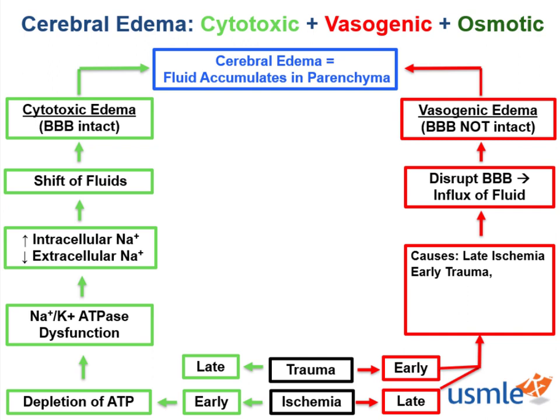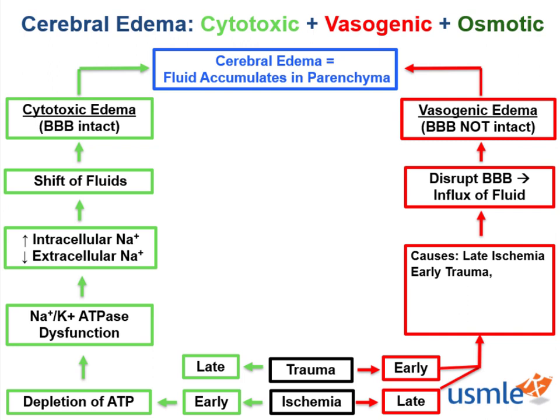Why? Two reasons. First, the brain is already swelling due to vasogenic edema, leading to increased intracranial pressure and decreased cerebral perfusion pressure as the lumens of blood vessels in the brain are progressively decreasing in size due to the increasing pressure within the skull.